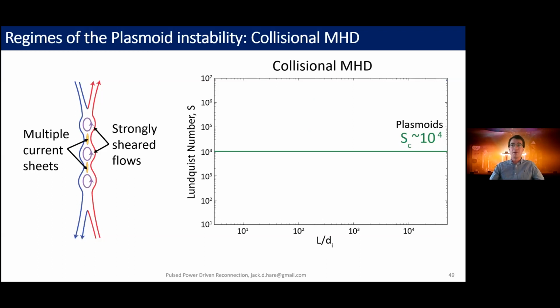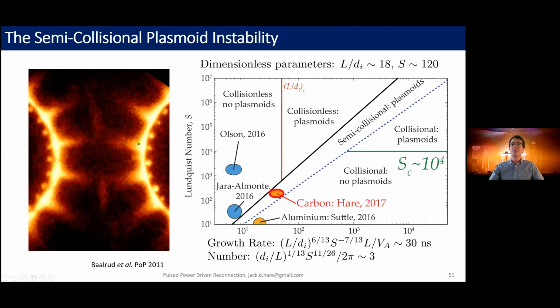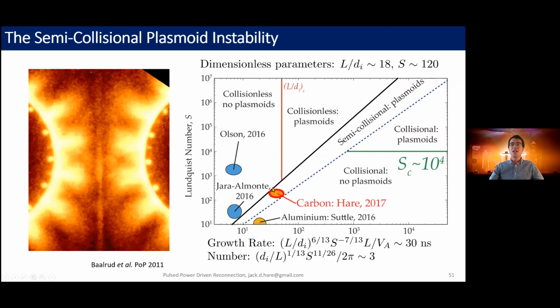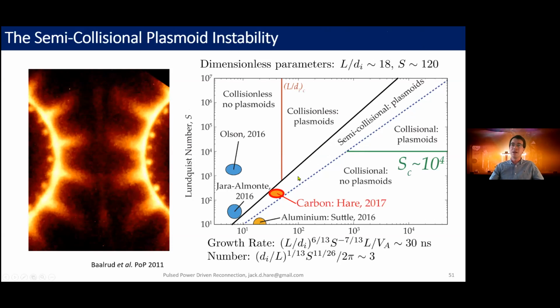But fortunately for experimentalists and computationalists, some recent work has shown that if you include two fluid effects, like the Hall effect, inside your Ohm's law, there's a new regime of this instability, the semi-collisional regime. In this regime, plasmoids can form even at relatively modest Lundquist numbers. When we calculate the dimensionless parameters for our experiment, we find that our plasma lies directly inside this semi-collisional regime.